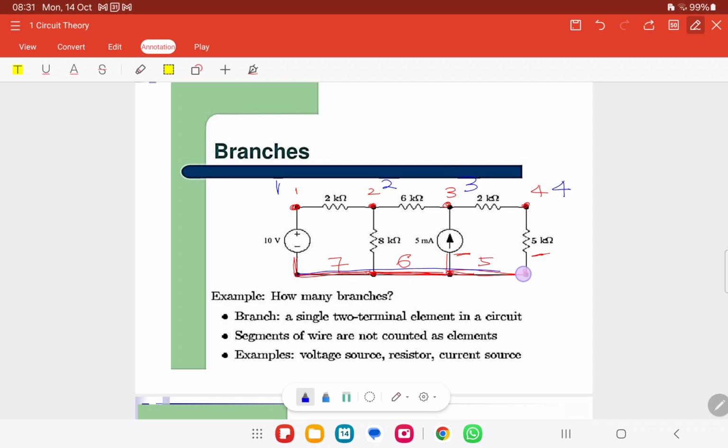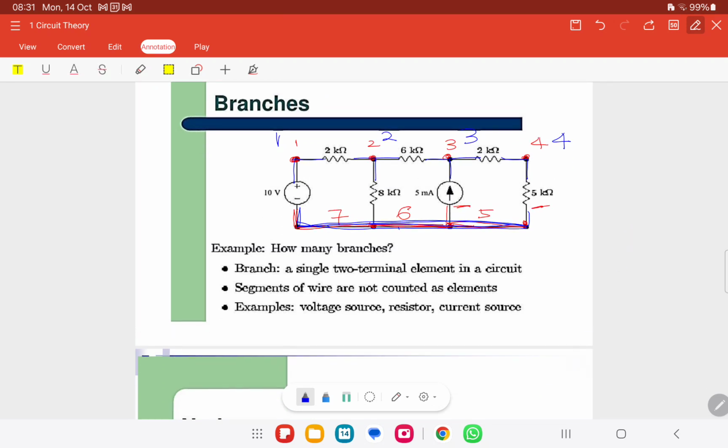This is all together. Then here, in here, and then all this one is one. Okay, because there is no other component in the middle here, so we consider it as one.